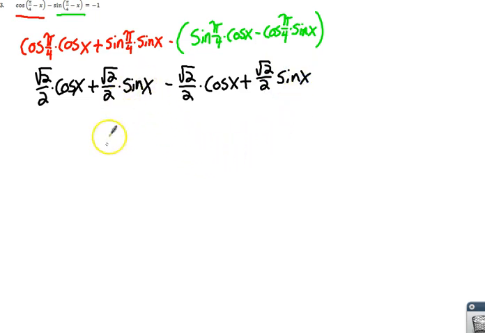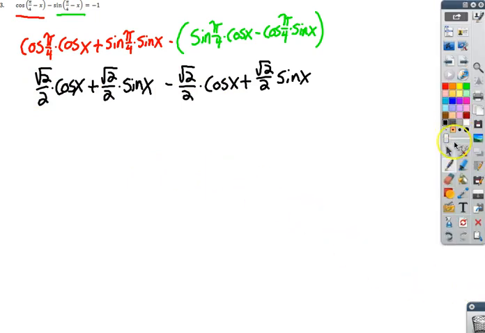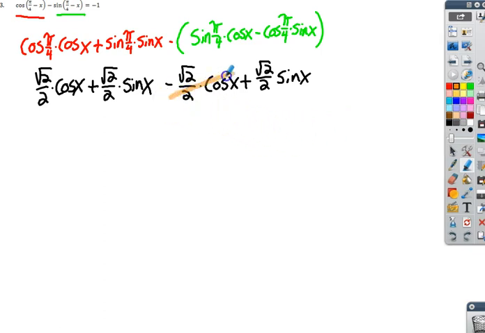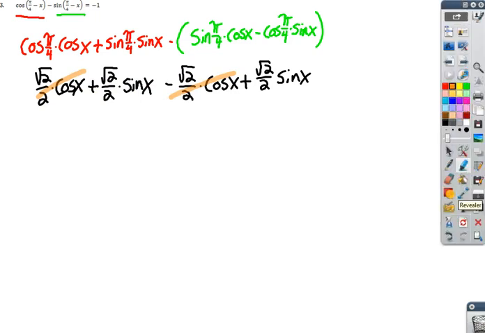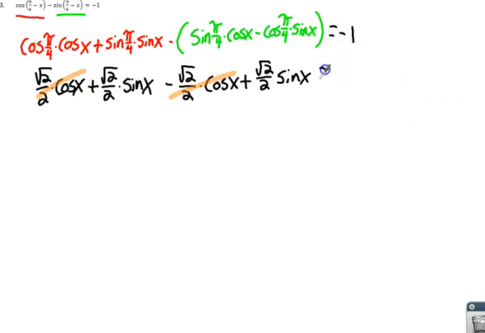Now look in the middle here. This and this item are the same but opposite signs. They are going to cancel out. Ooh, now that pleases me greatly, because this whole thing is still going to be equal to 1. It's going to be negative 1.